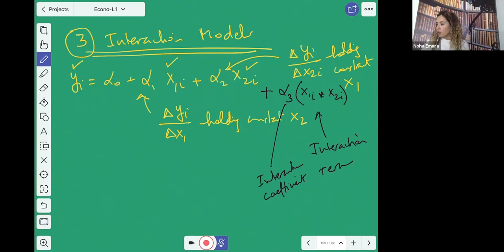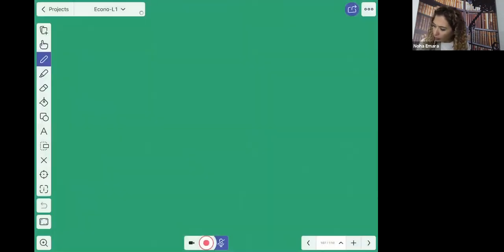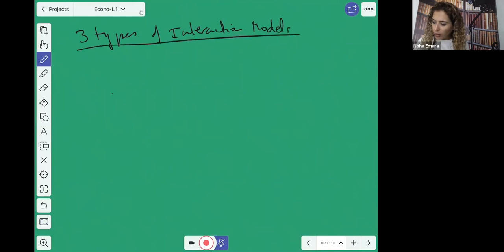All right, so we have different types of interaction models. We have basically 3 types, and let me write them here, and then I'm going to go over them in detail.